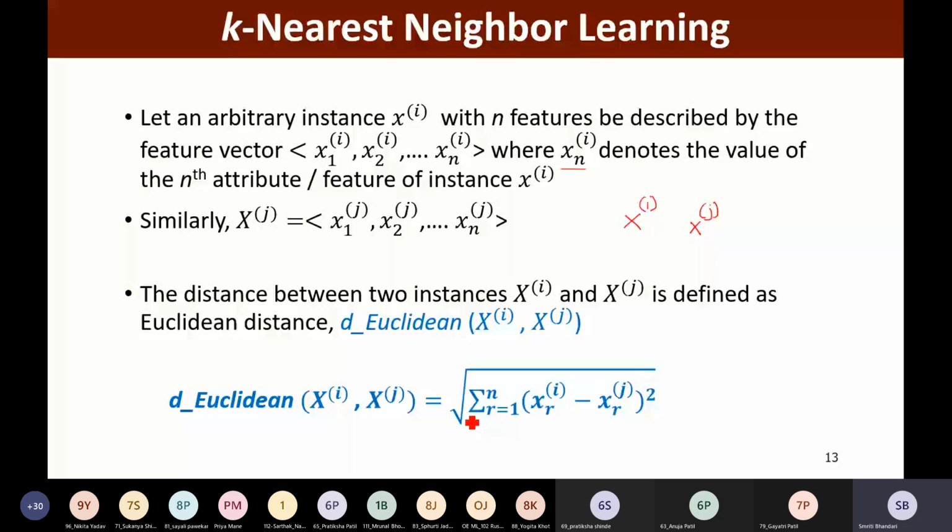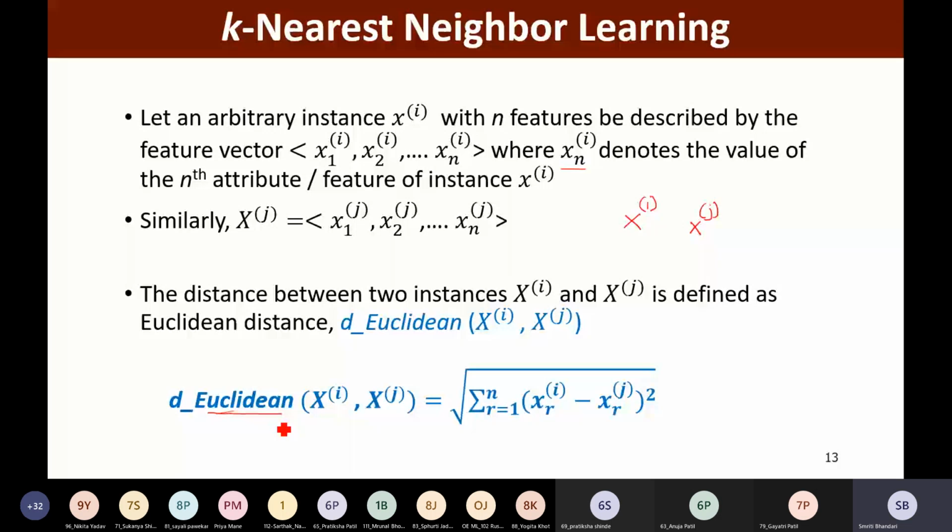This provides us the Euclidean distance between 2 points in n-dimensional space. So this Euclidean distance provides a measure of similarity. If the distance is smaller, that means these 2 points are closer to one another.